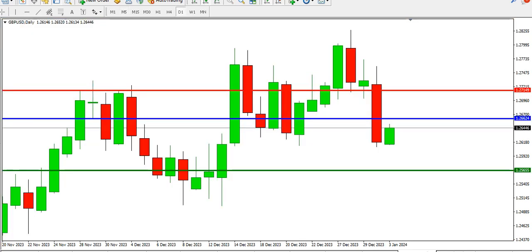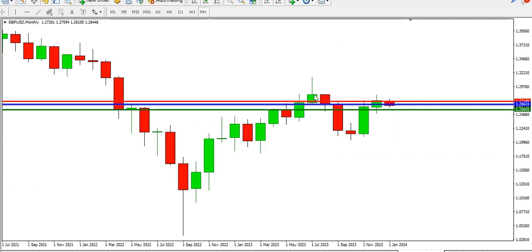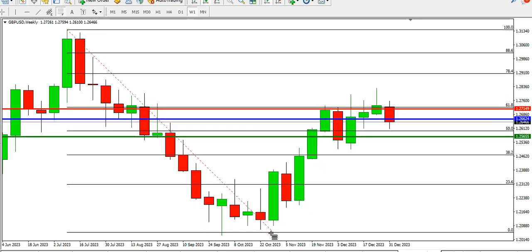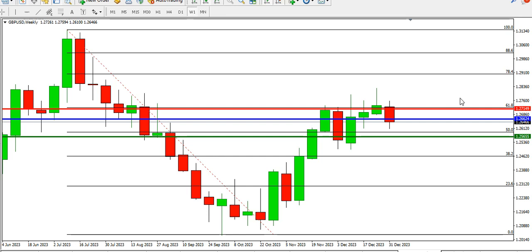Let's look at GBPUSD. On the monthly time frame, we can see that price is ranging. On the weekly time frame, you can see this downward leg, and we can see a retracement. This is a retracement for now. The retracement on the weekly time frame of this down leg is 61.